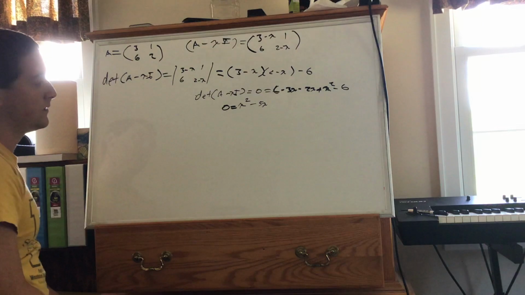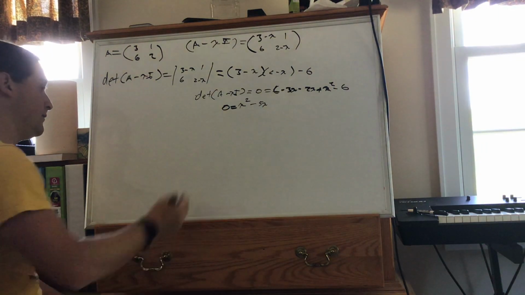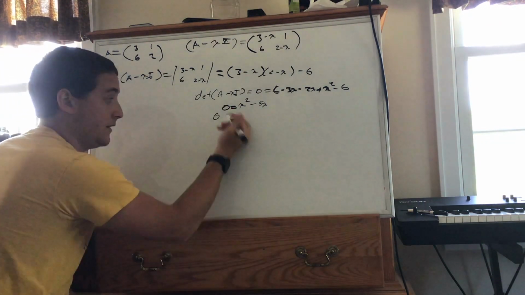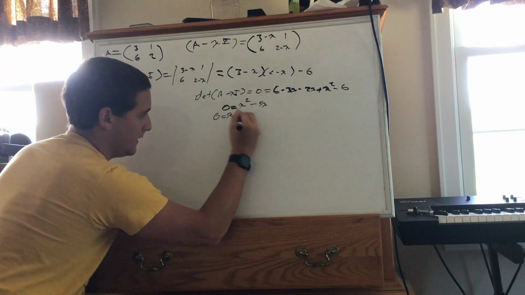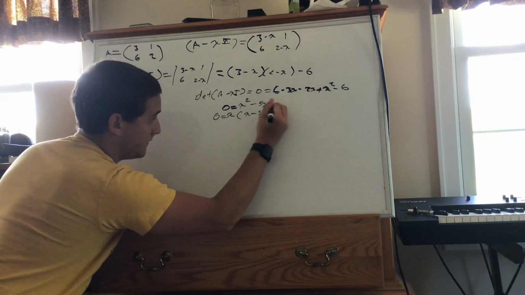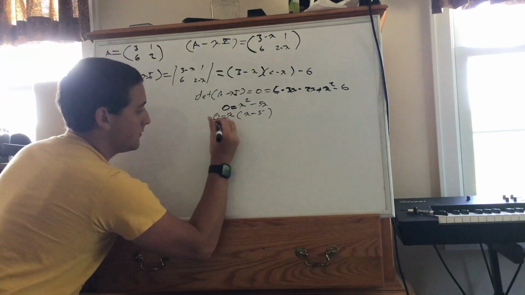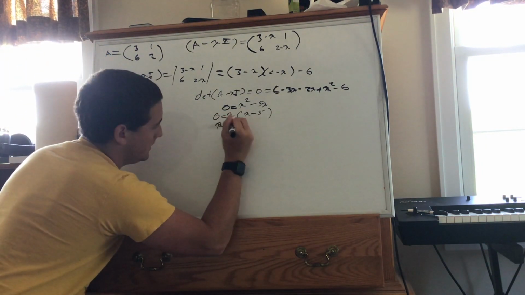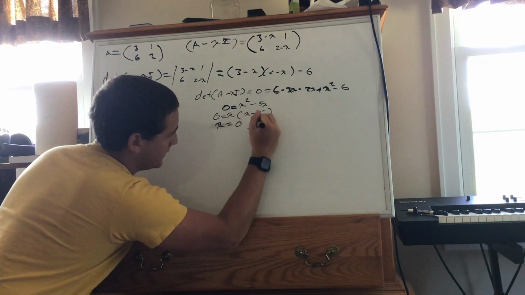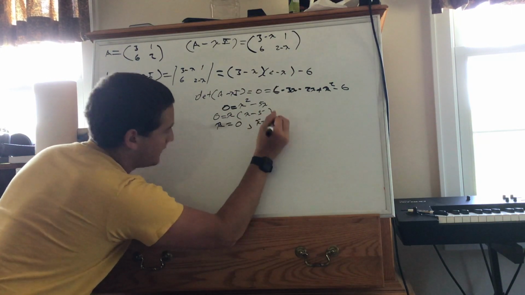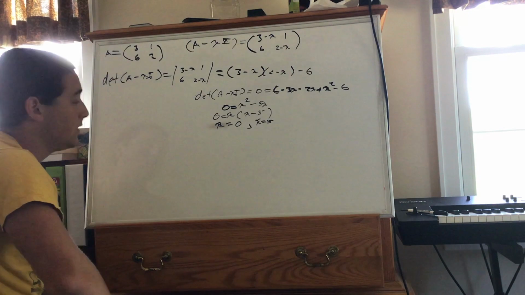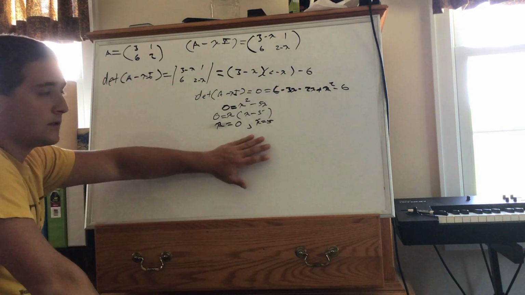Now, to figure out where our eigenvalues are, we factor lambda out of this: lambda times lambda minus 5. So lambda equals 0 and lambda equals 5. These are the eigenvalues of our matrix.